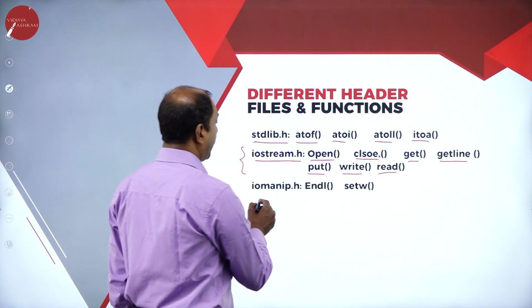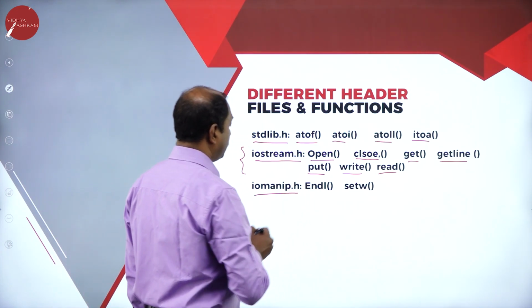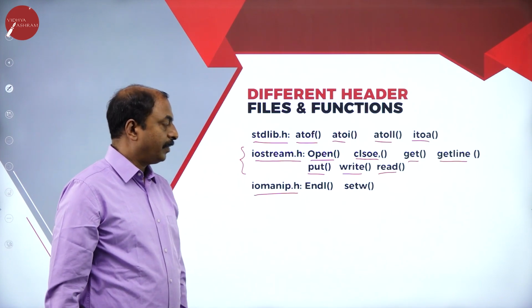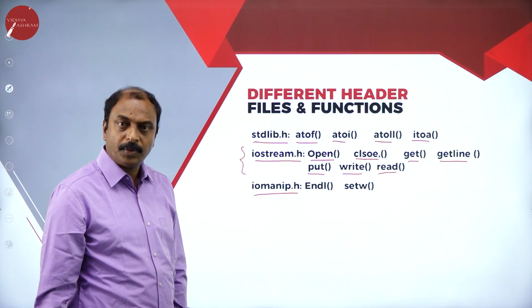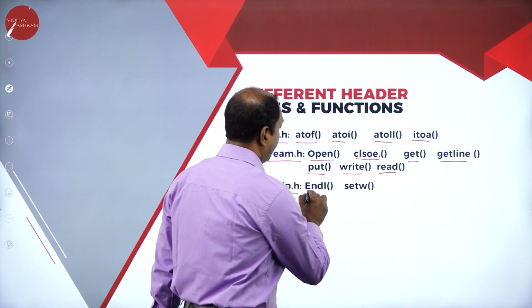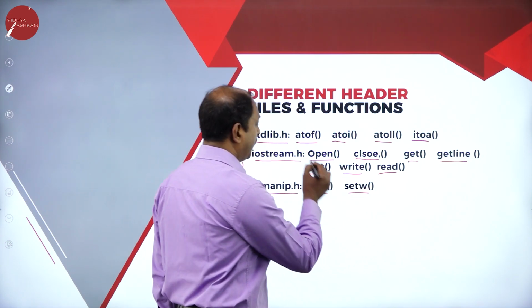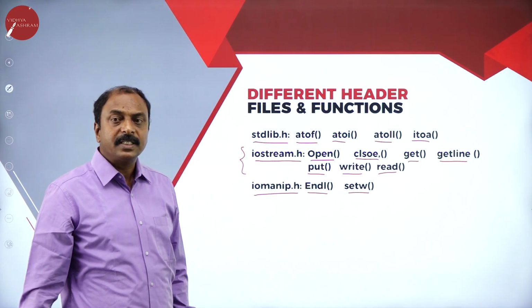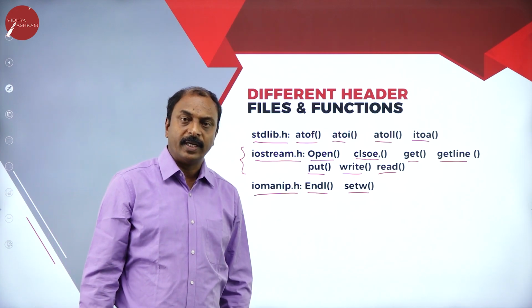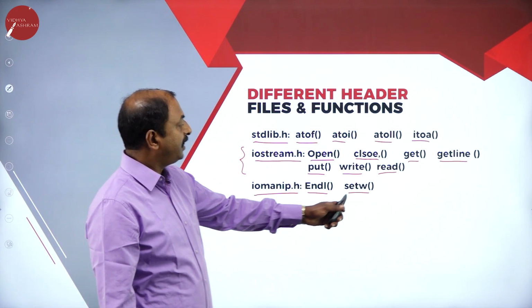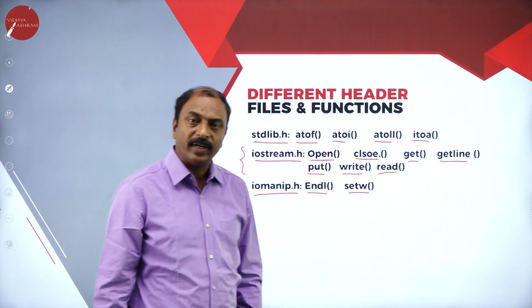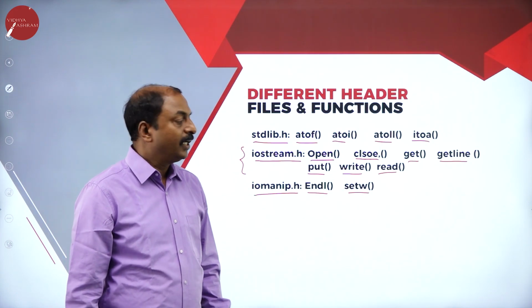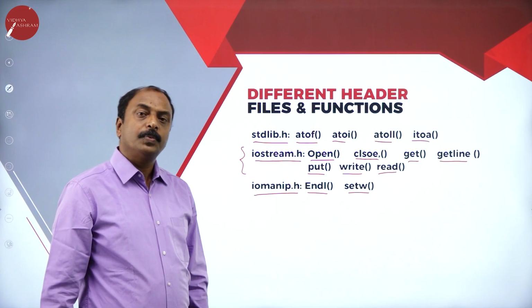Next one is iomanip.h. This is for manipulation. Under this we have endl and setw. endl is a function that takes the control to the new line or the next line. And setw, or setwidth, is also a function. It is called a manipulator, used to work with the output statement.